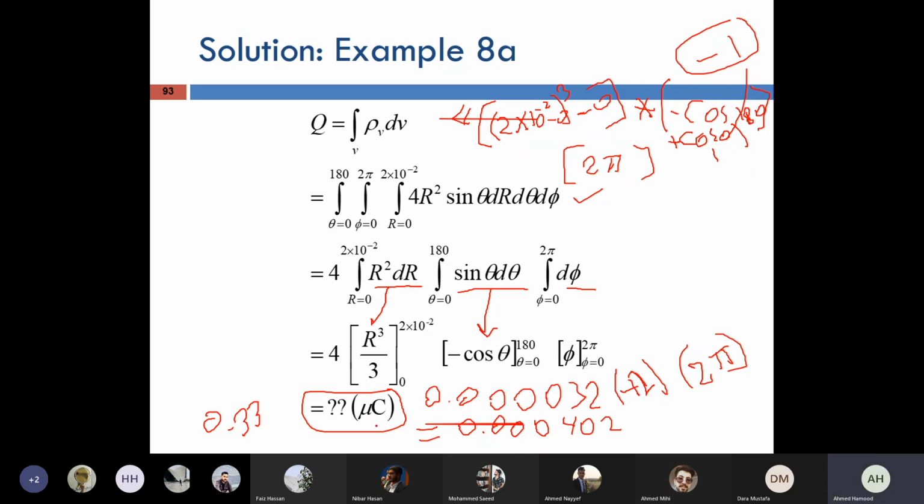You divide it by micro, then you get about 402 micro C. Okay. Is it clear, guys? Yes, sir.